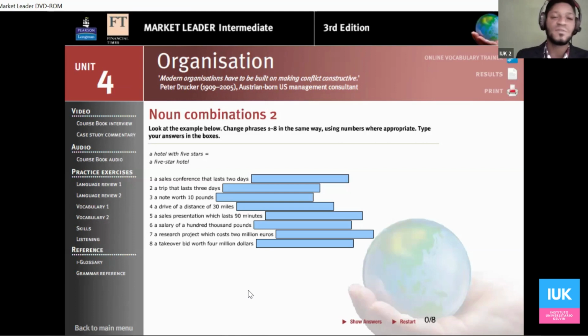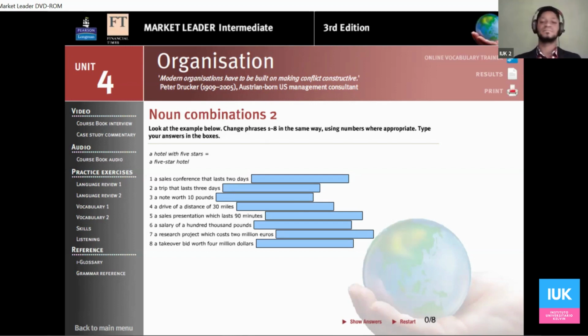What's the longest you've ever been on the road? 6, a salary of £100,000. 7, a research project which costs €2 million. And 8, a takeover bid worth $4 million.